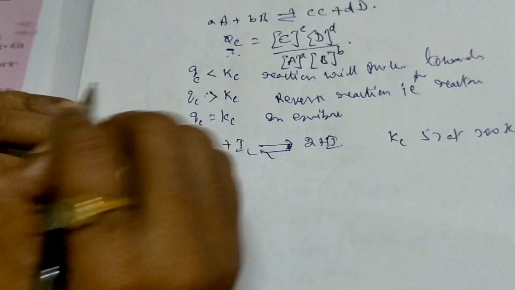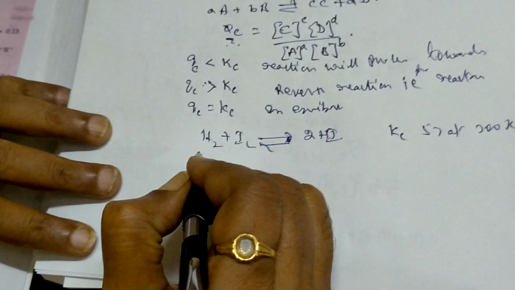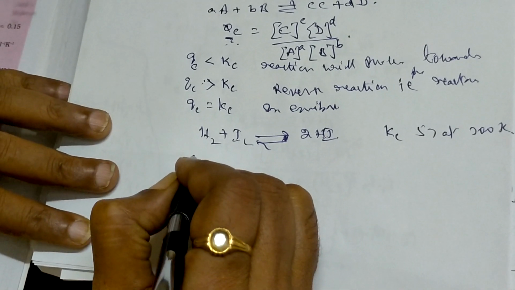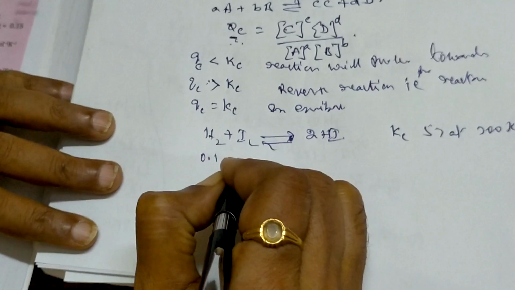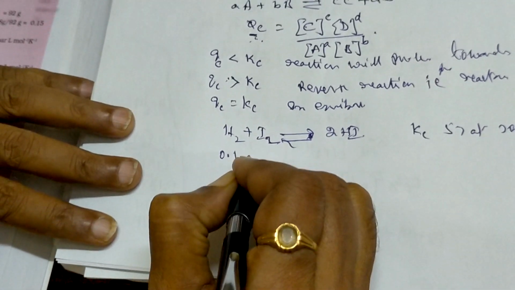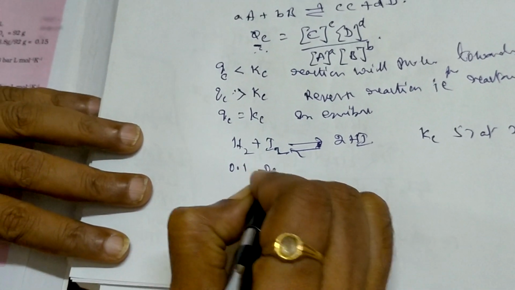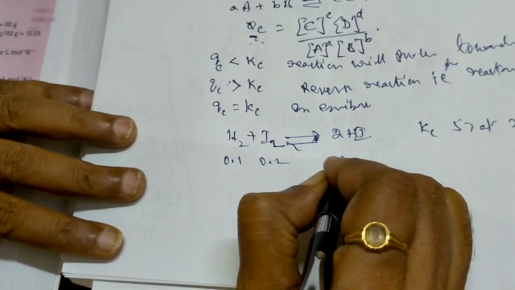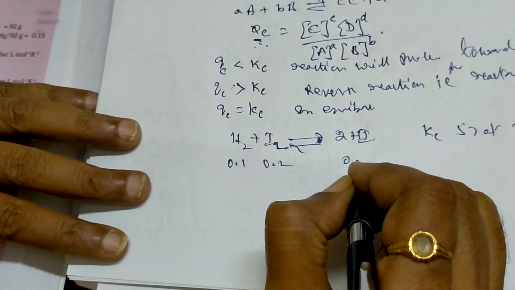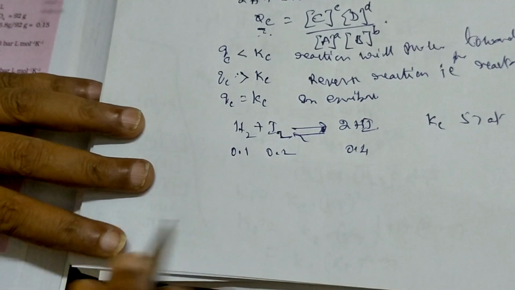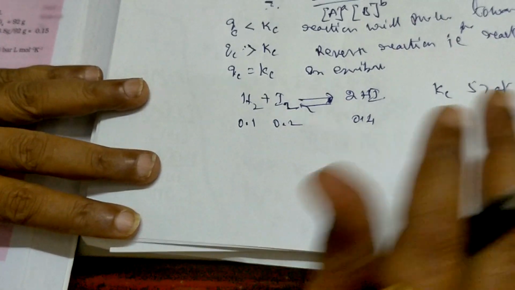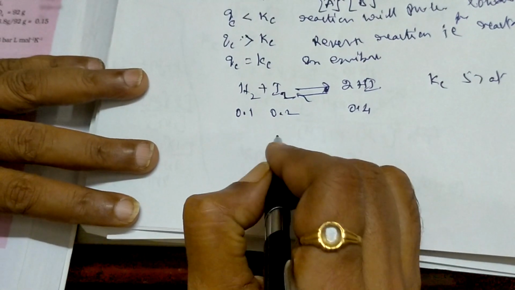Now I am taking a concentration of hydrogen gas of 0.1 molar, iodine 0.2 molar, and the HI concentration of 0.4 molar.